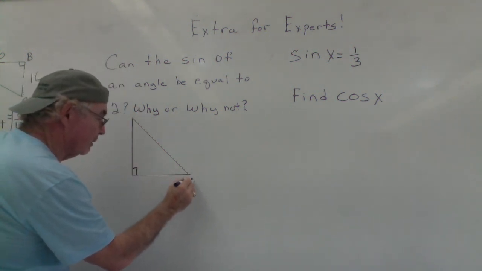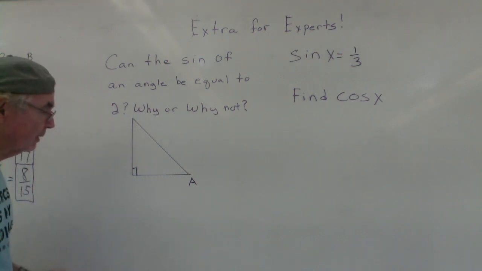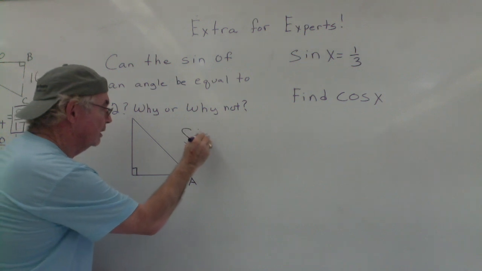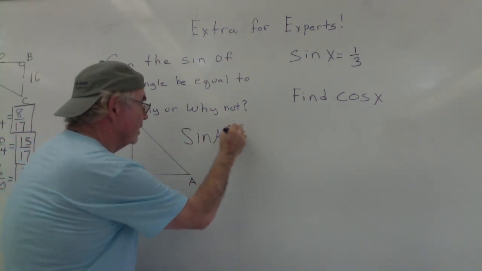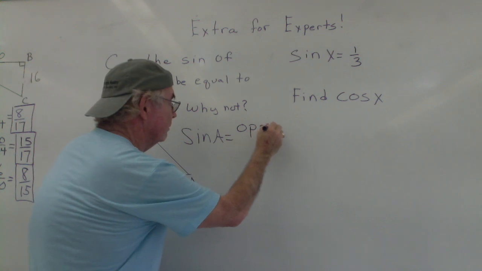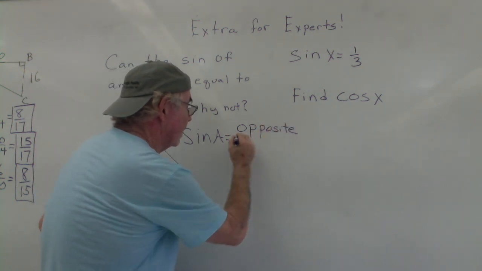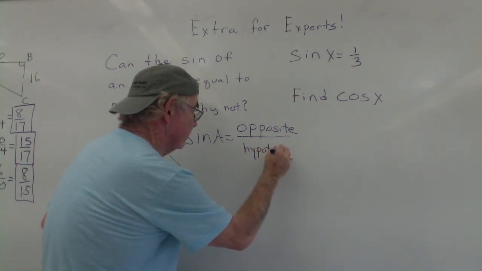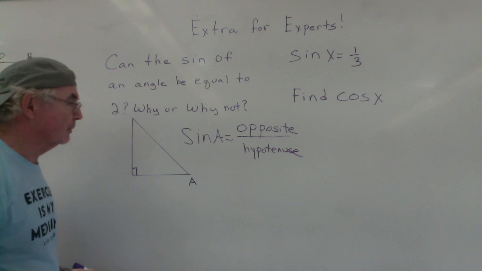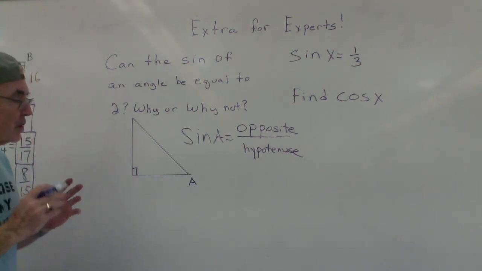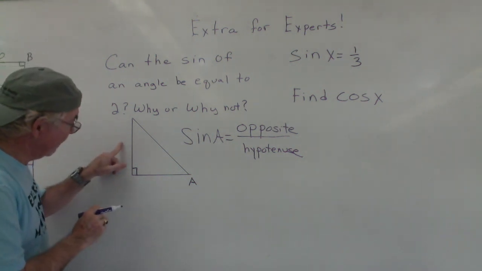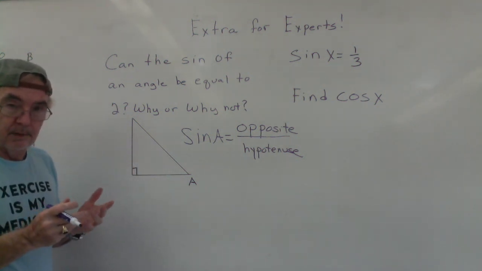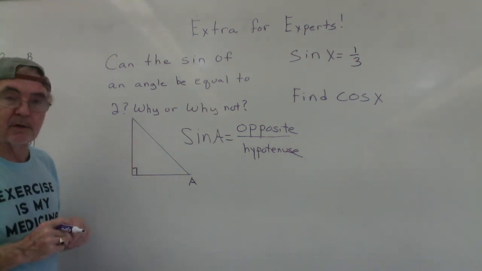Let's call it A. Now, the sine of A is defined to be the opposite over the hypotenuse. What's the largest side? Is the opposite bigger or is the hypotenuse bigger? I think you'll agree. The hypotenuse is the bigger side.